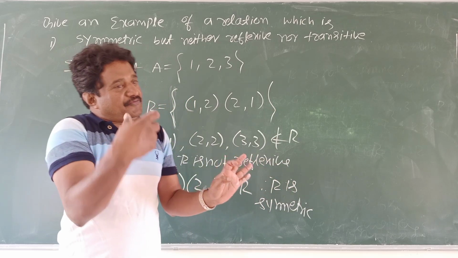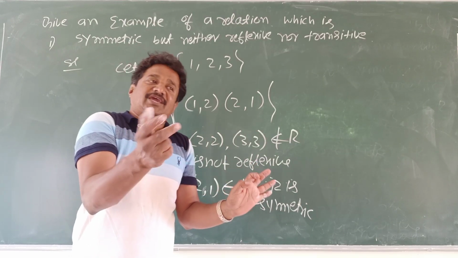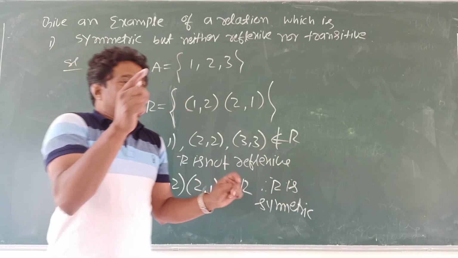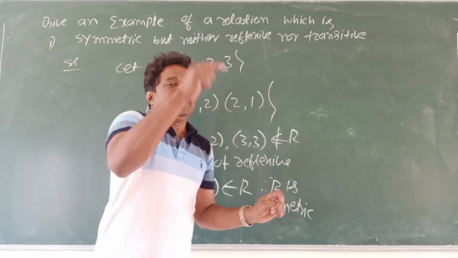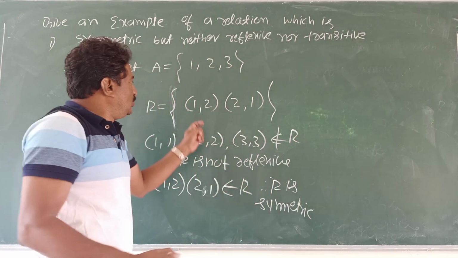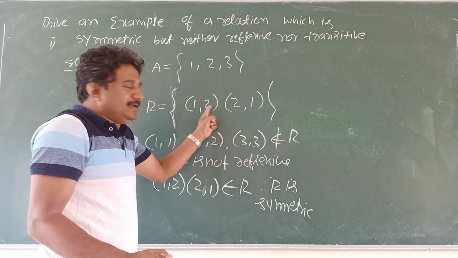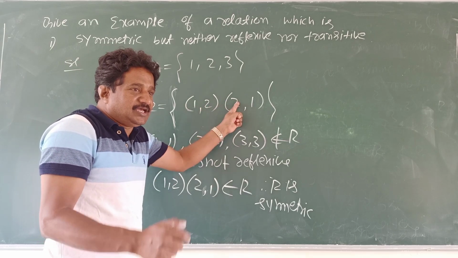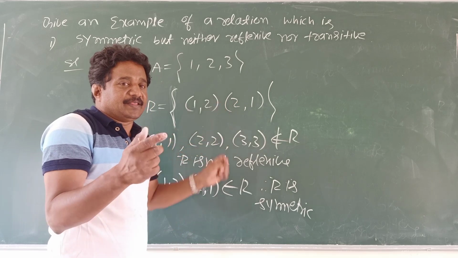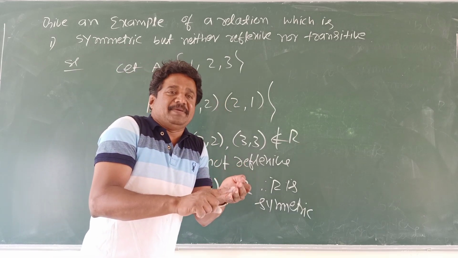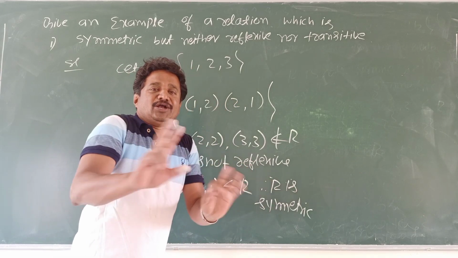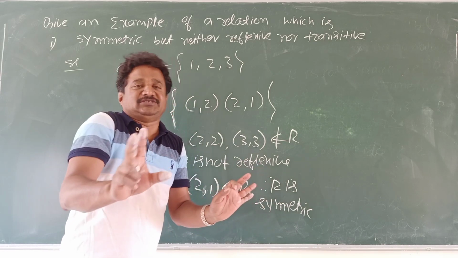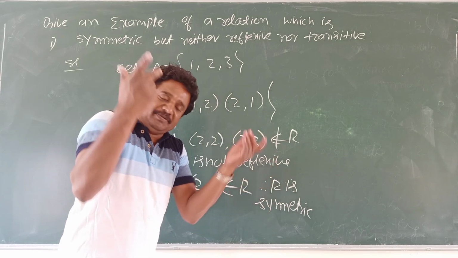They can be different, sometimes they can be the same also. But it should be in the form (A, B), (B, C). Look at this, friends. (A, B), (B, C): C can be the same as A. The symbols A, B, C need not be different always. Sometimes they can be the same.